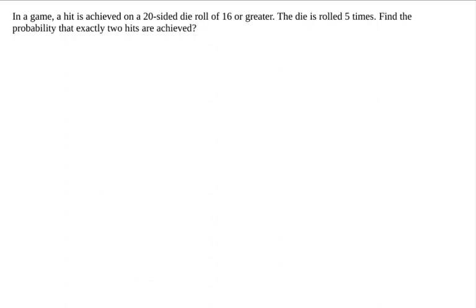So the first thing I note is that I'm rolling the die 5 times, and it's going to be the exact same circumstances each of those 5 times. It's still a 16 or greater every single time I roll that die that achieves a hit. So I'm going to define a success here as a hit. In other words, getting a 16 or greater.